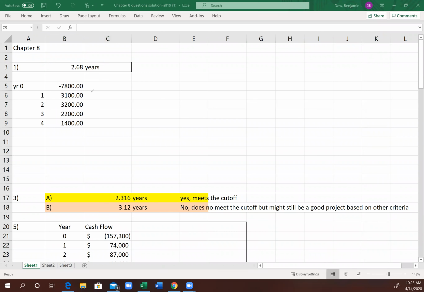In year one, we have 3,100. In year two, we have 6,300 if you add these together. And by the time we hit year three, we're at 8,500. So our payback period occurs somewhere between year two and year three.